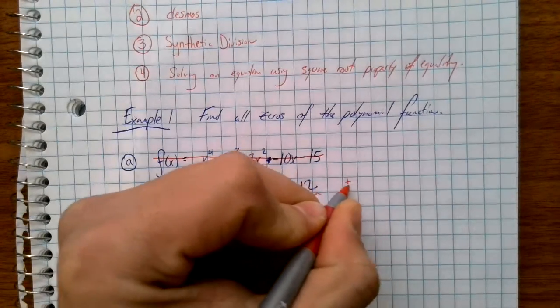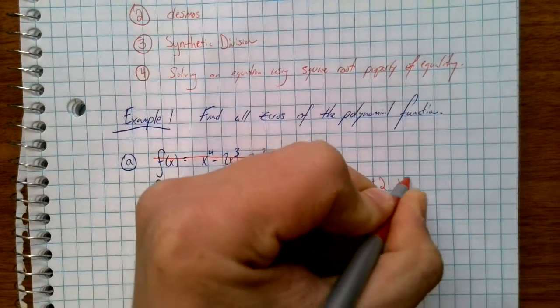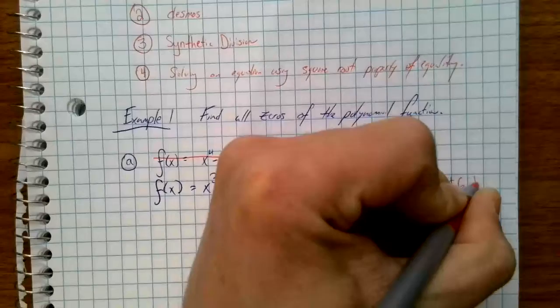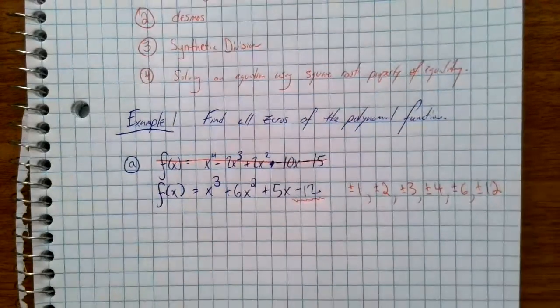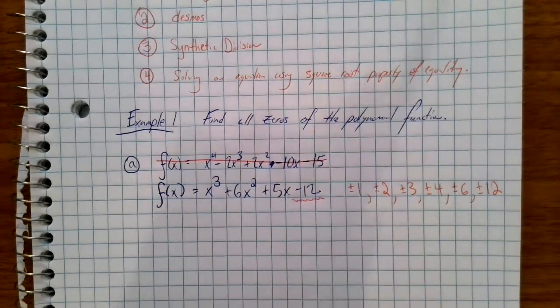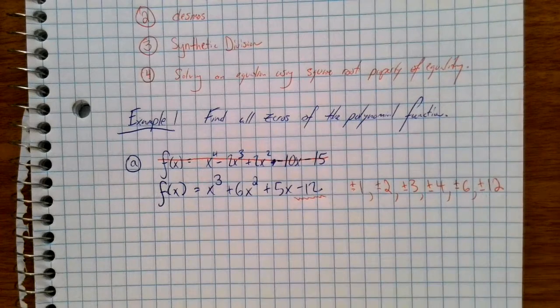That means we have positive and negative 1, positive negative 2, positive negative 3, positive negative 4, and so on. Remember, what this means is that the rational zeros of this function can only occur at these values on the x-intercept.